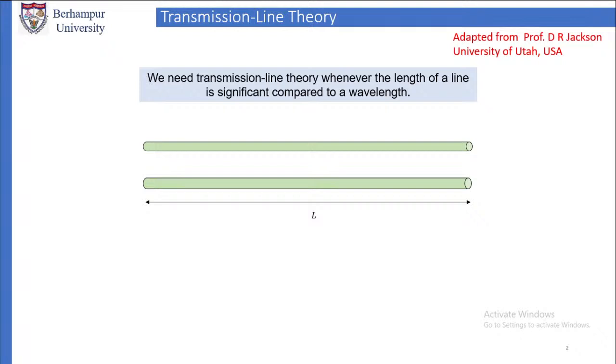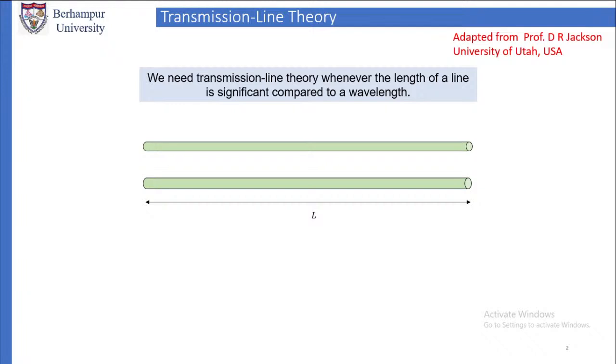Whenever the length of the section of the transmission line is significant compared to the wavelength, then we need the transmission line theory. We have to understand what is the theory behind the working of the transmission line. What is the principle behind the working of transmission line?